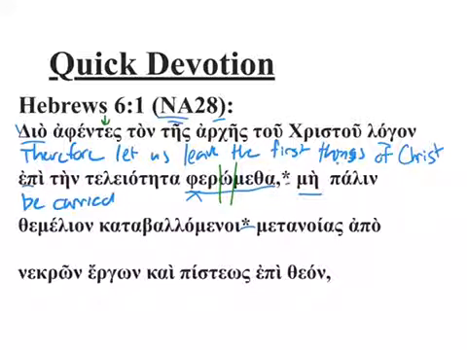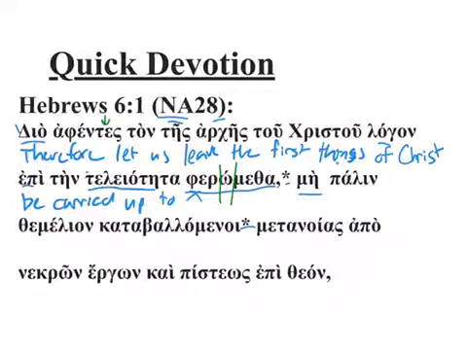You could probably say towards maturity, or what is epi? It's upon. What's another one? On is another translation. Yeah, on. What's this thing say? Up to. Yeah, up to. So it's going on up to. And so teleiotēta is like perfection or maturity.